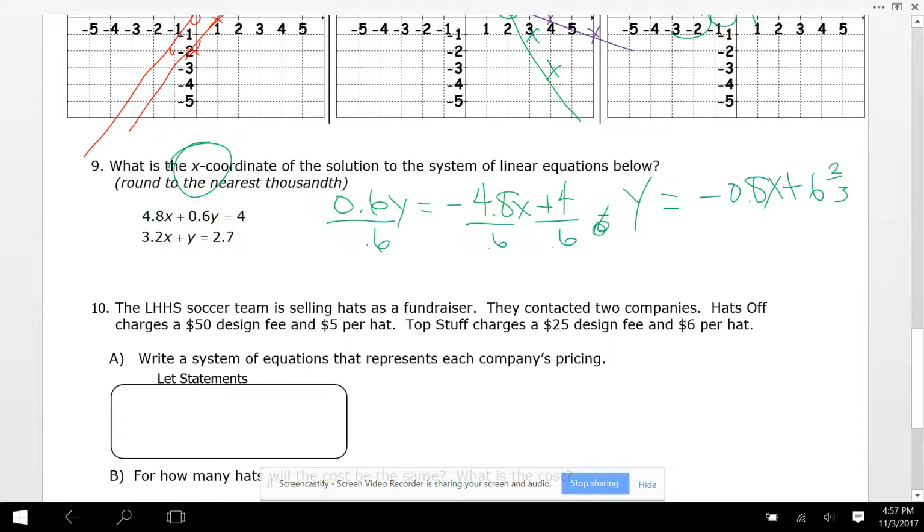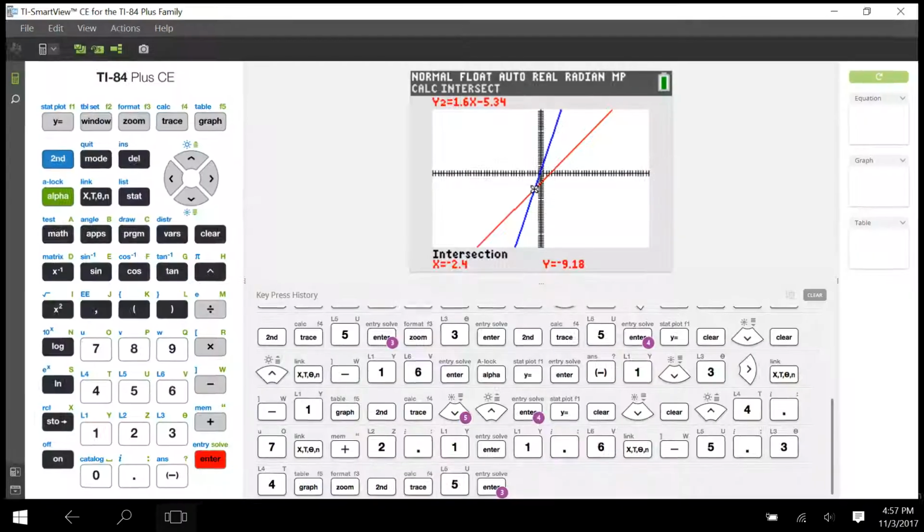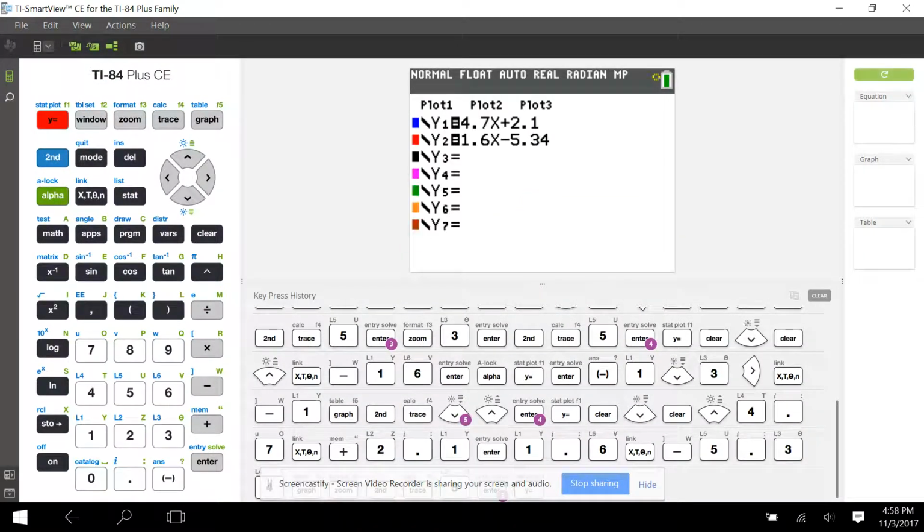Alrighty, and then our second one is going to be y equals negative 3.2x plus 2.7. I'm totally going to go put those in my calculator. All right, calculator. Y equals, clear, clear.